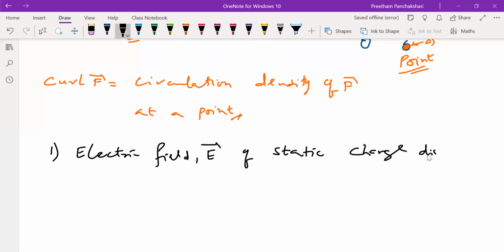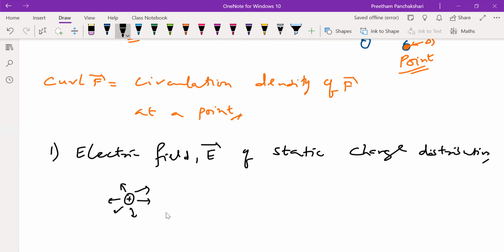If the charge is static, not varying with respect to time, the electric field produced is diverging in nature. That means if you consider a positive charge, the electric field diverges in all the directions. And the streamlines of electric field, that means flux lines of electric field, are straight lines. They move away from the positive charge, go towards infinity and terminate at infinity.